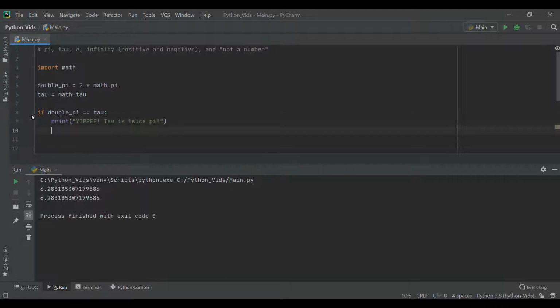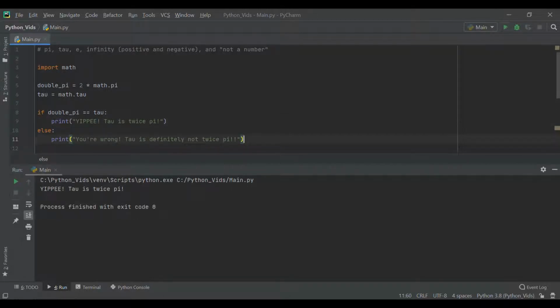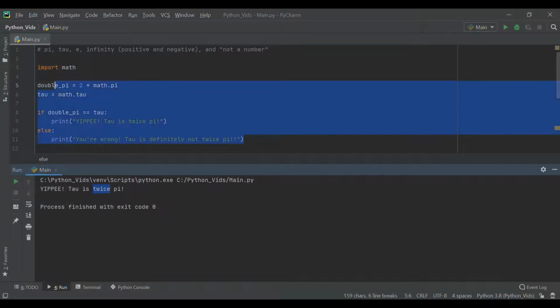Okay, but if it's not double pi, we'll do that with an else, then print, "You're wrong. Tau is definitely not twice pi." And hopefully we'll get a yippee out of here. Let's see what happens. Yippee! Tau is twice pi.